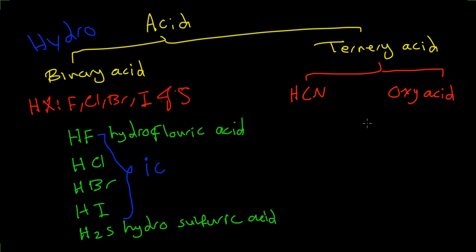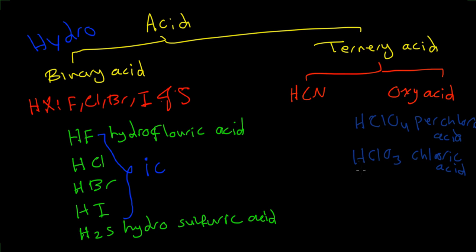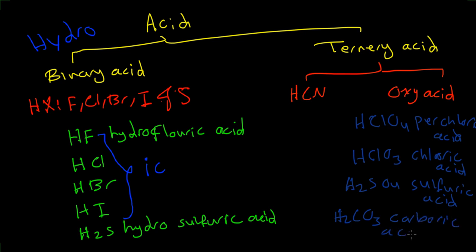Okay. Let's talk about oxyacids. For example, we have HClO4, perchloric acid, HClO3, chloric acid, H2SO4, sulfuric acid, H2CO3, carbonic acid.